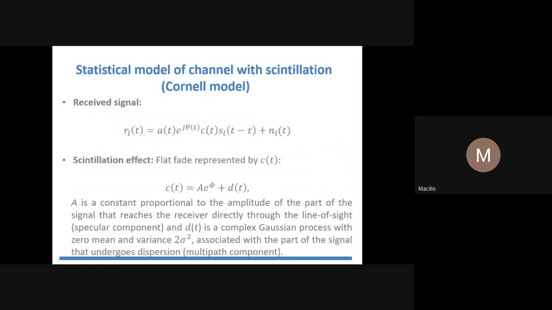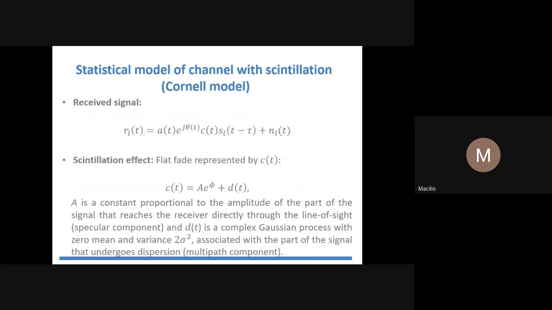Well, now I will show the statistical model for scintillation. In fact, there are several statistical models for scintillation. I will show this one because this model is very simple and easy to implement. The received signal may be modeled by the transmitted signal multiplied by a stochastic process I call CT that is caused by scintillation.